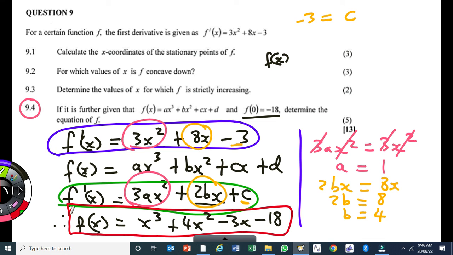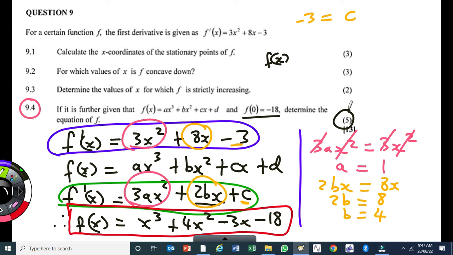Okay, any question? Yes? Do you have to show this working? Yes, 5 marks. I've given it 5 marks, so some of the marks go to the working out of a, b, and c.